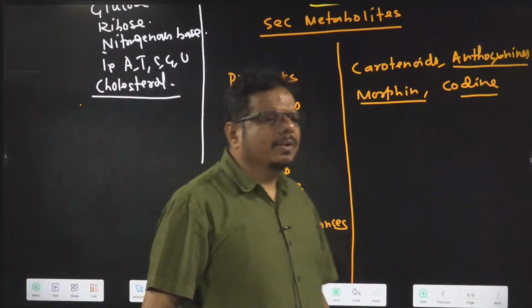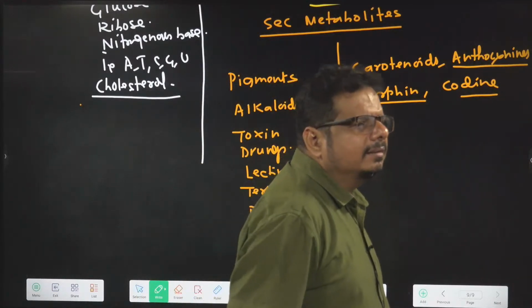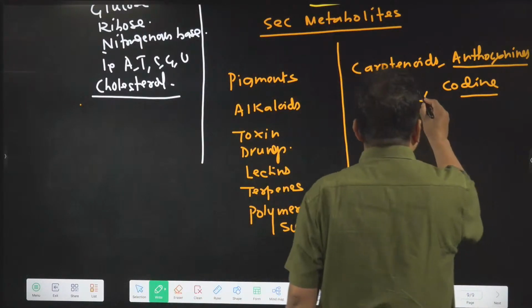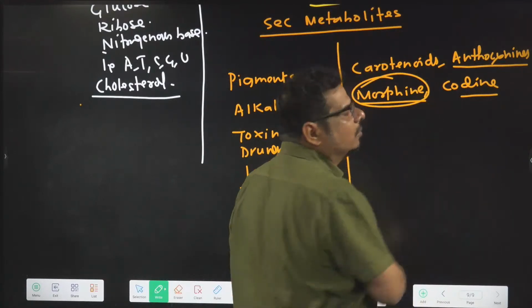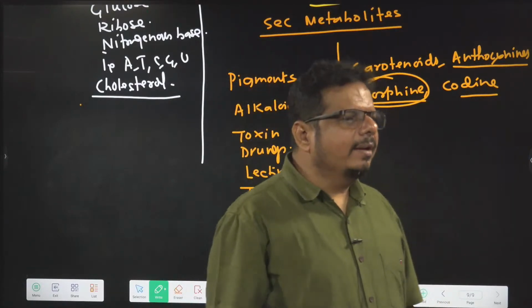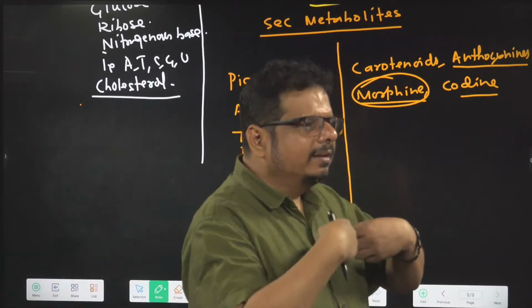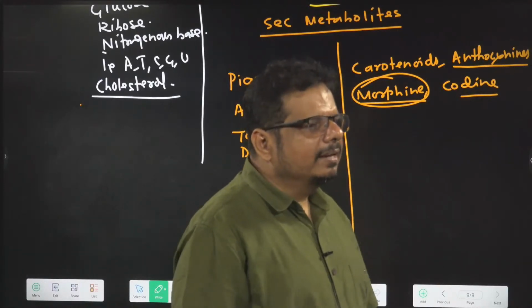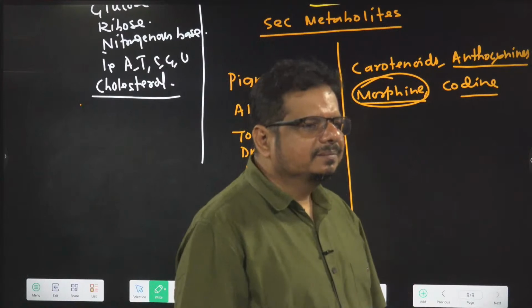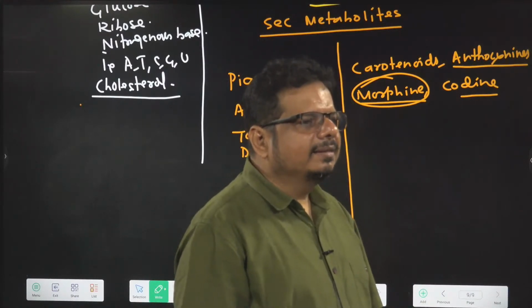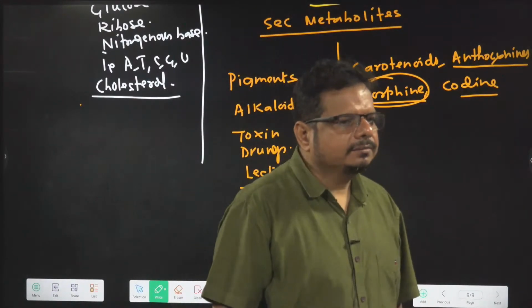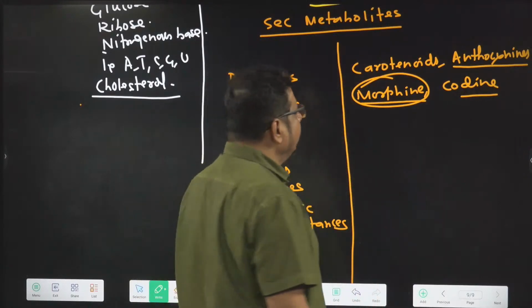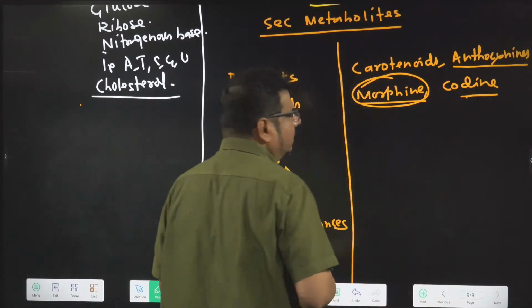Now the question arises, why is morphine present in plants? What is the role of morphine in plants? We don't know about it. But morphine is used for our welfare. How is morphine helping us to make painkillers? Painkiller, getting the things or not? So morphine, codeine, these are basically alkaloids.